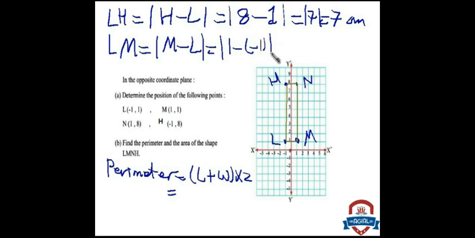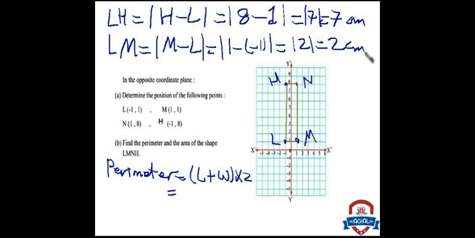The absolute value of 1 minus -1 equals the absolute value of 1 plus 1 equals the absolute value of 2, and the absolute value of 2 equals 2 centimeters.